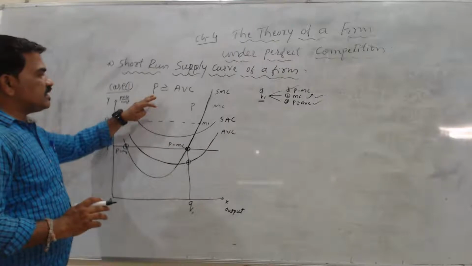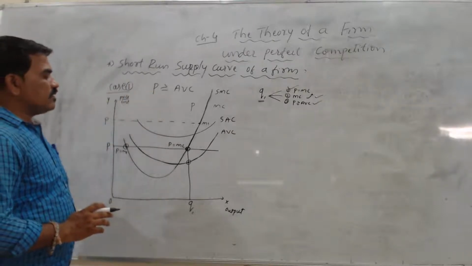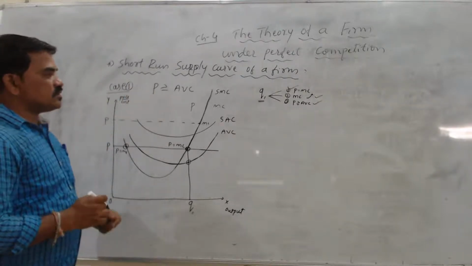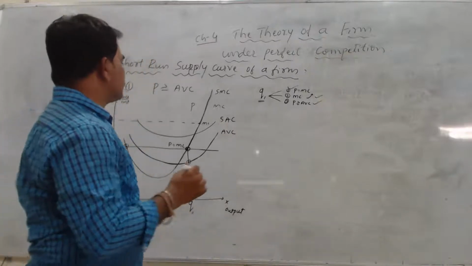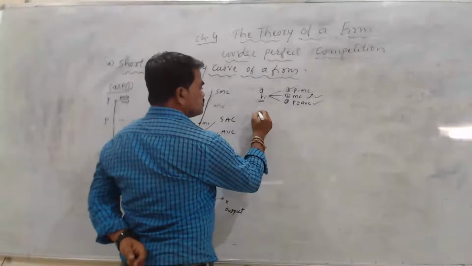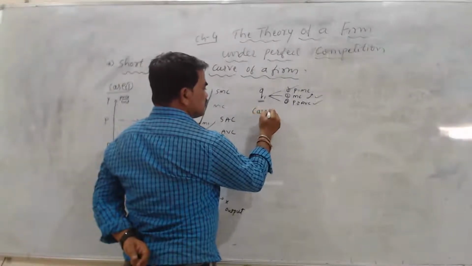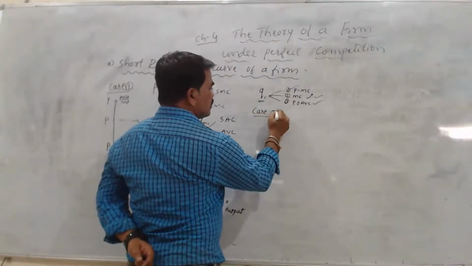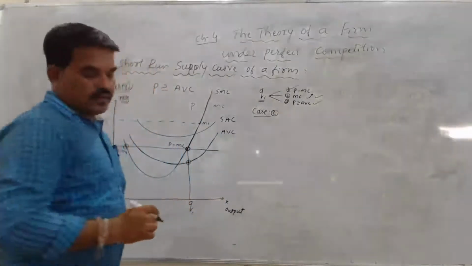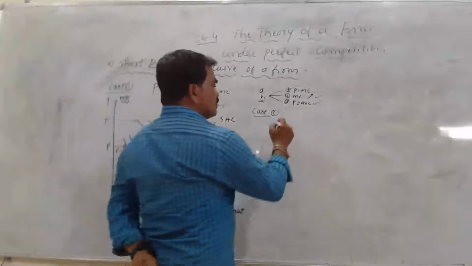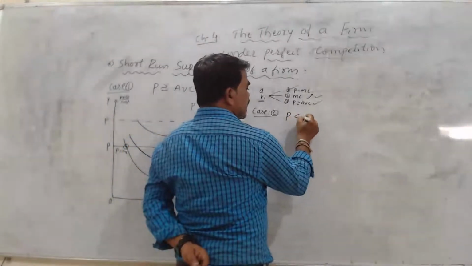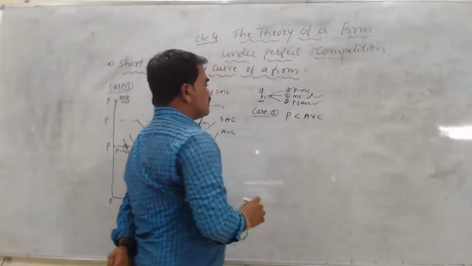Now we will see if it is lesser than the average variable cost. The second case we will look into. Case 2: here the price is less than average variable cost.